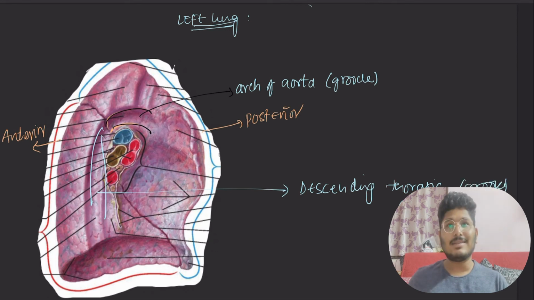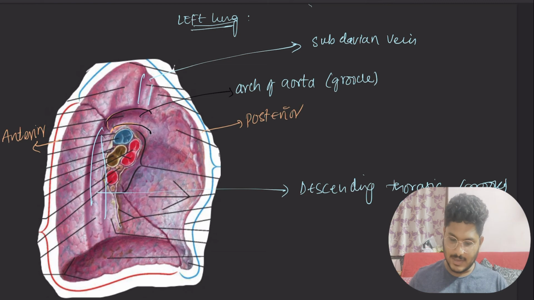Other than these, we will also have grooves for other vascular structures. This is the groove for the left subclavian artery, which is directly arising from the arch of aorta.